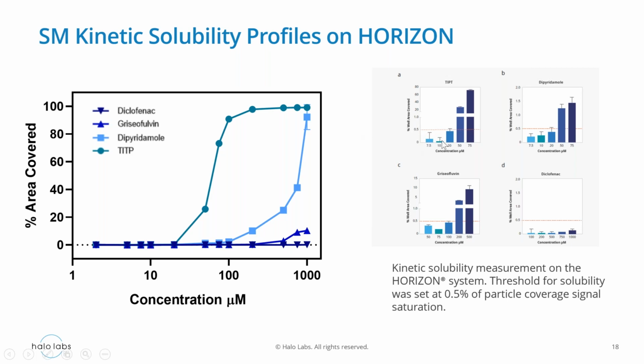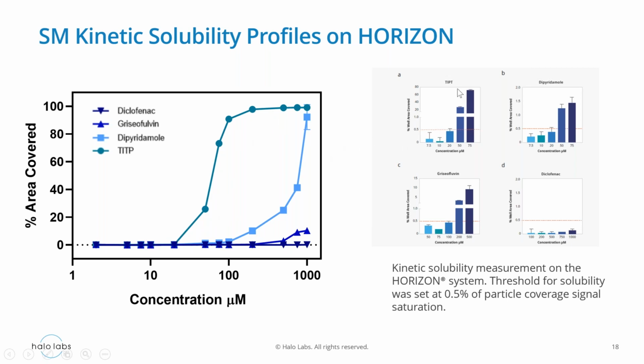I'm not showing it here, but if you go backwards, you just see a baseline where you are at the noise level. But as soon as you reach a concentration where your compound starts coming out of solution, anything that touches this threshold, you will immediately see a jump, like a trigger jump of material coming out of solution and forming the rest of the curve here.